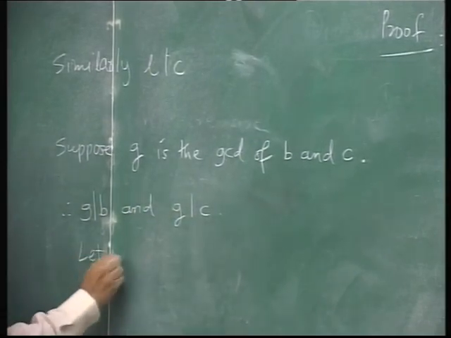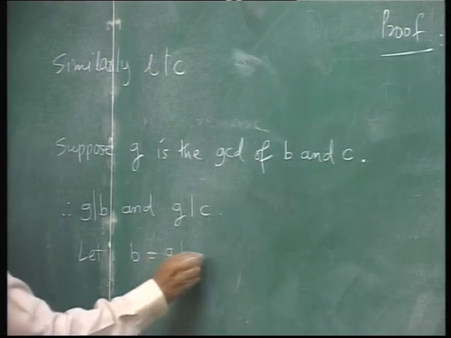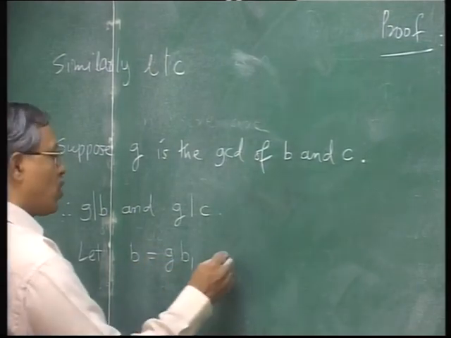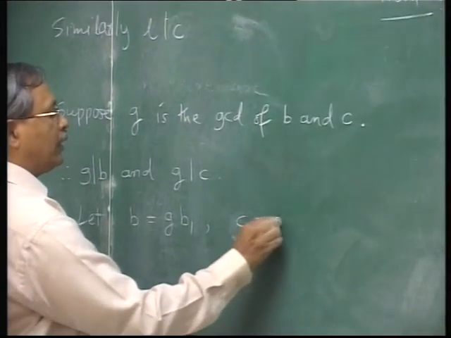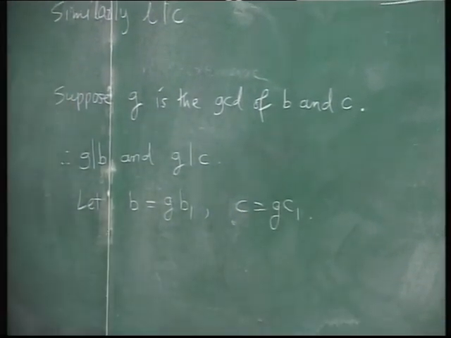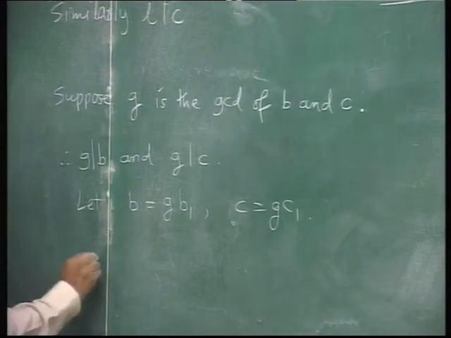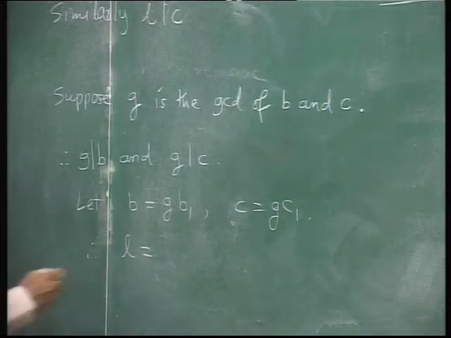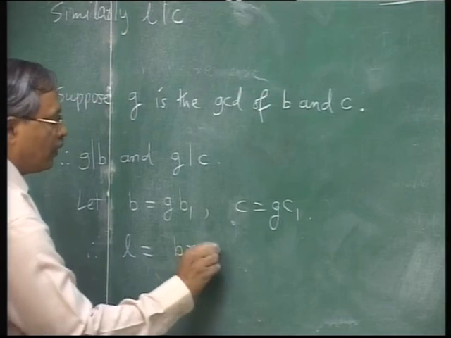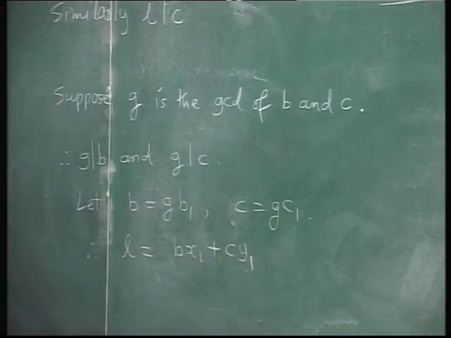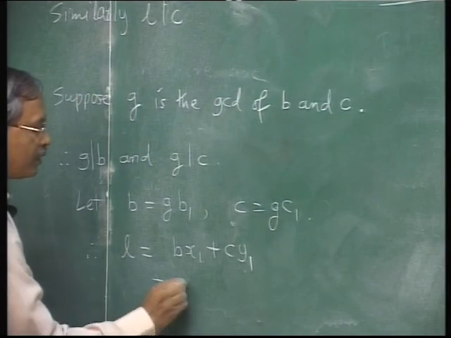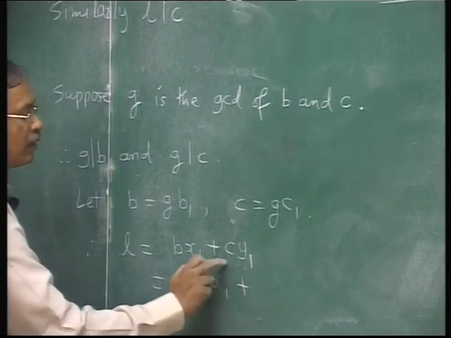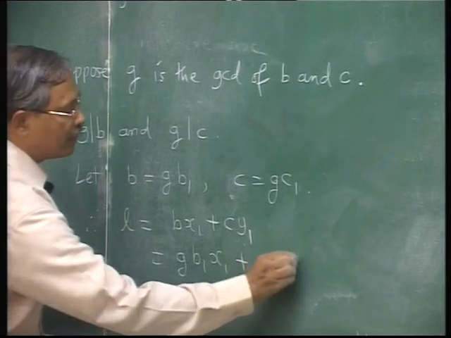So let B equal G times B1 and C equal G times C1. Therefore, what is L? L is Bx1 plus Cy1. But B I can write as GB1 and C I can write as GC1.